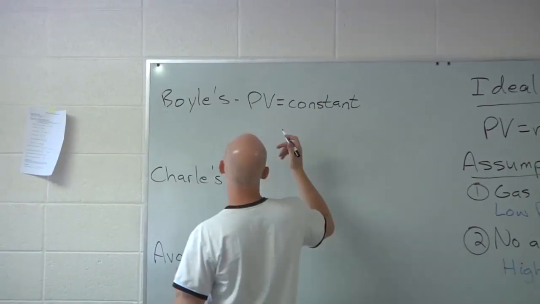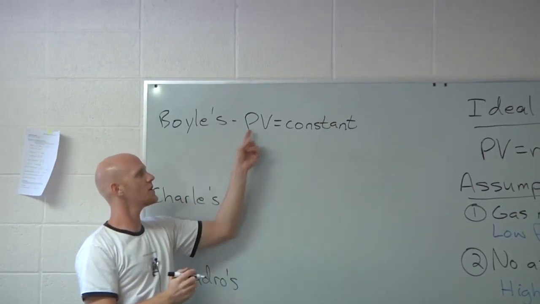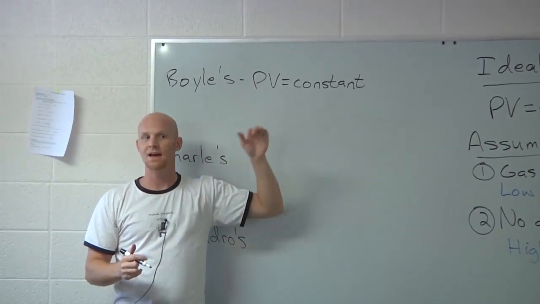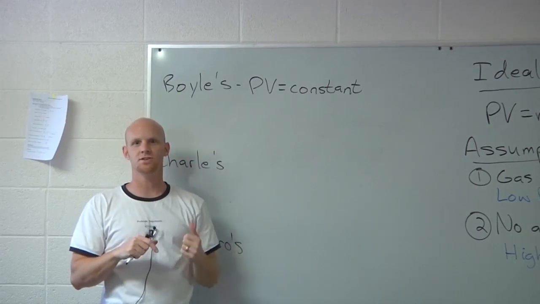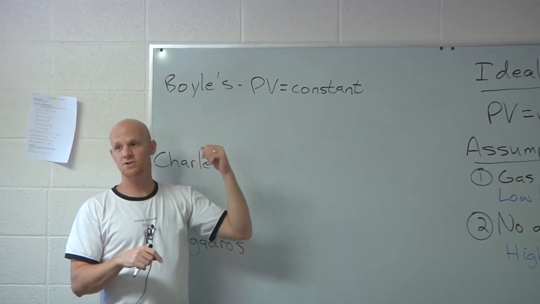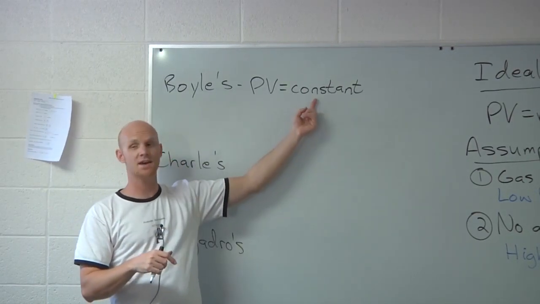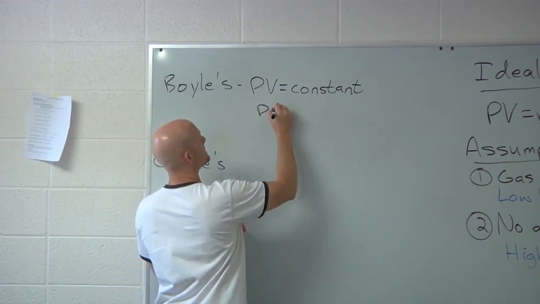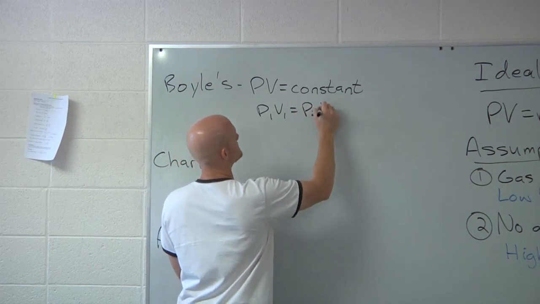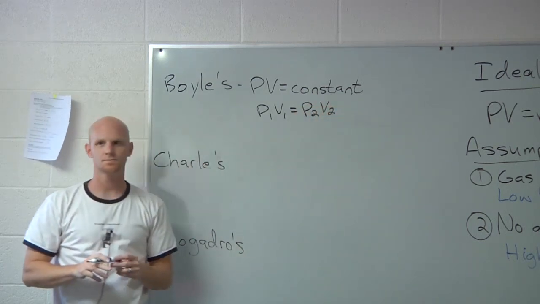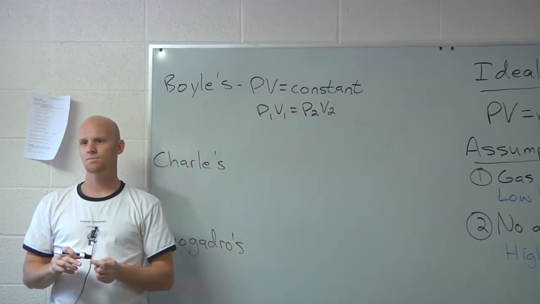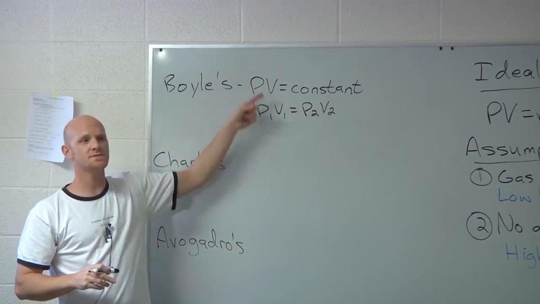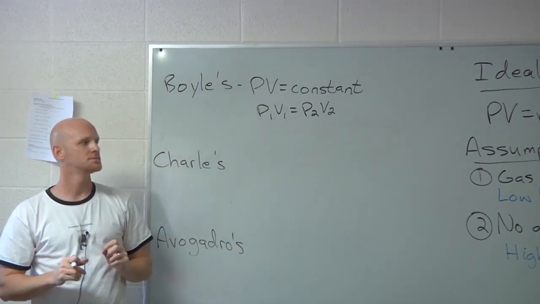The other way to look at this is if the pressure and volume under one set of conditions equals a constant, and then I change just the pressure and volume, then the pressure and volume under those conditions would still equal the same constant, so they must equal each other. Another way of writing this is that P1 V1 equals P2 V2. Both of these are ways of expressing Boyle's law.